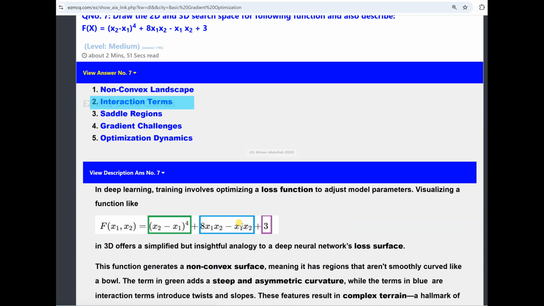Then there are saddle regions also. In these saddle regions, gradients vanish in one direction but not in another direction. These flat regions, you remember, are common in high dimensional spaces, and then the optimizer is going to have a hard time.